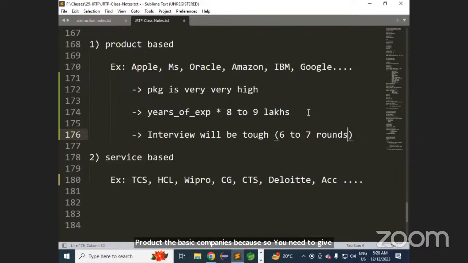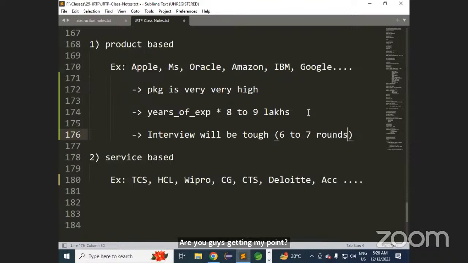That is the duty that we need to do in a product-based company. Are you guys getting my point? So mainly you need to focus on data structures, algorithms, design patterns, system design, time complexity, space complexity when you want to get a job in a product-based company. Are you guys getting my point?